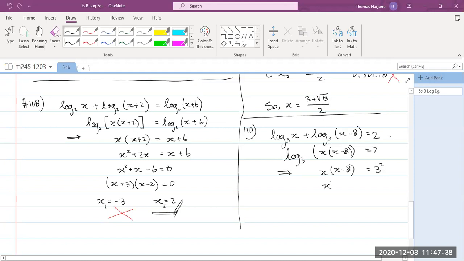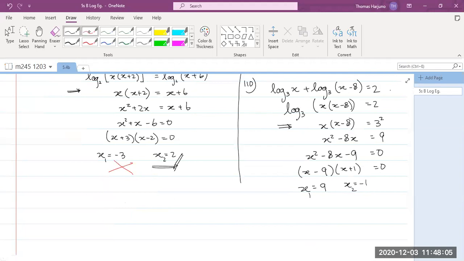Now I get x squared minus 8x equals 9. So x squared minus 8x minus 9 equals 0. (x minus 9)(x plus 1) equals 0, x equals 9, x equals negative 1. I think I have to reject x equals negative 1. But will 9 be okay?